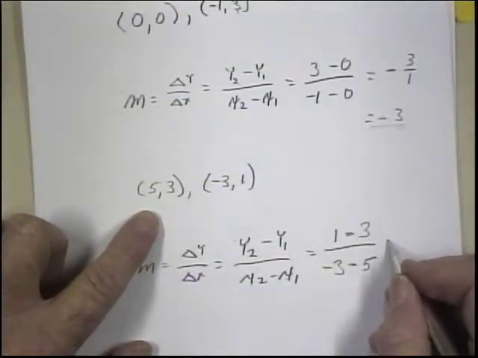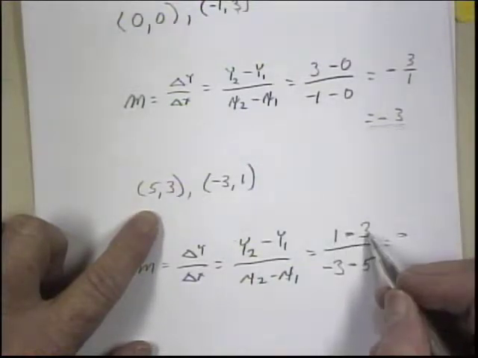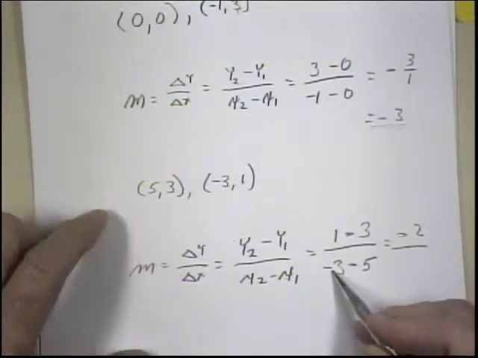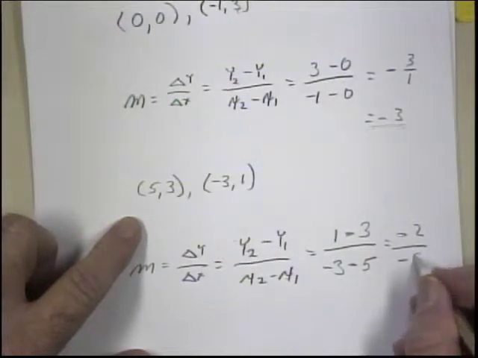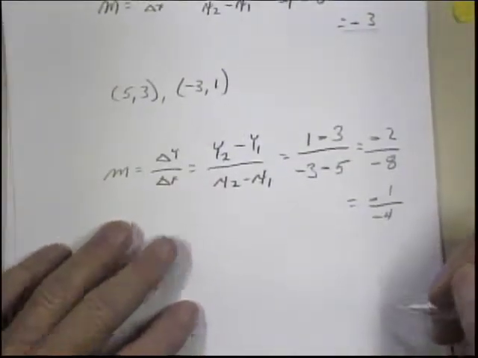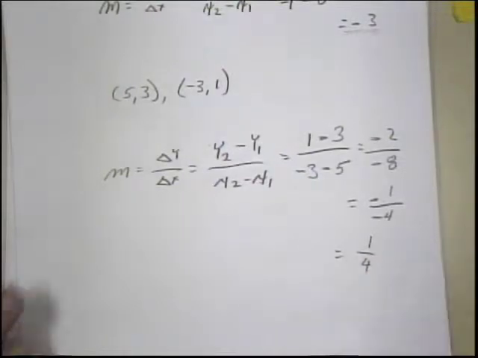So this is 1 minus 3, which is minus 2, and minus 3 minus 5 is minus 8. This is minus 2 over minus 8, which is minus 1 over minus 4. Minus divided by minus is a plus, so this equals 1/4. The slope here is 1 over 4.